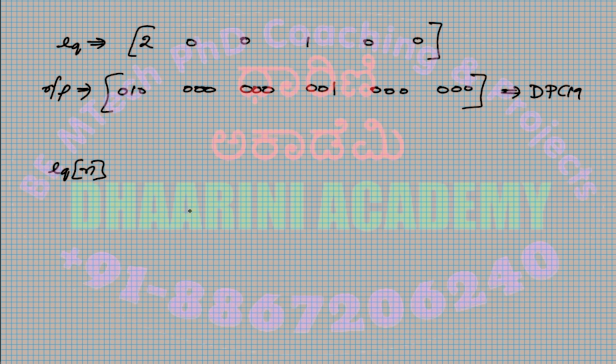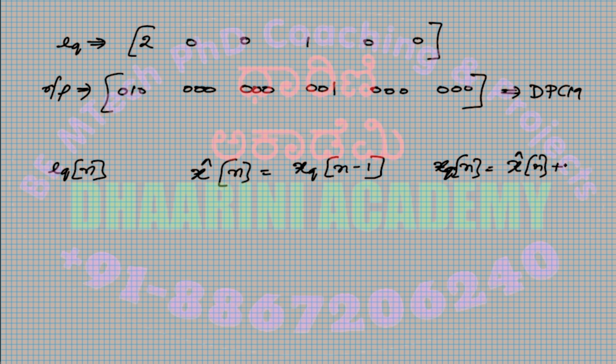Then the next step is to get the approximated value. X cap of n is equal to xq of n minus 1, where the xq comes from the next column. Xq of n is equal to x cap of n plus eq of n. See, I have to do addition; previously I did the subtraction.